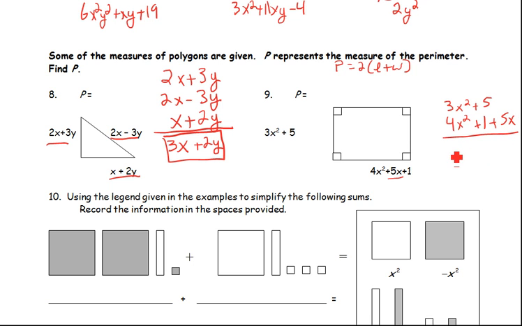Alright. So 3 and 4 is 7x squared. 5 and 1 is 6. And then I've got 5x. Now, I'll need to go back and point this out. It's very, very important. I can only line up above each other terms that are like. This has an x squared.